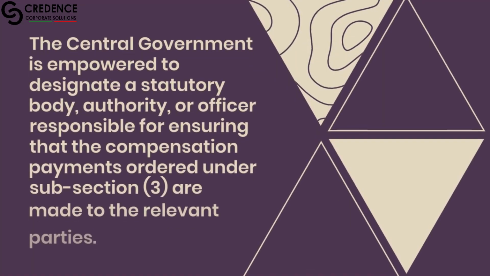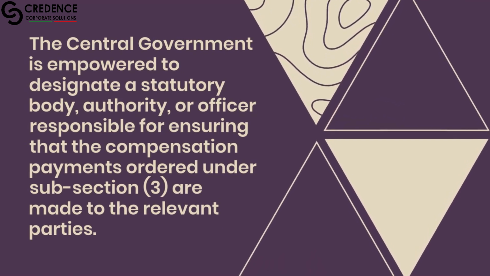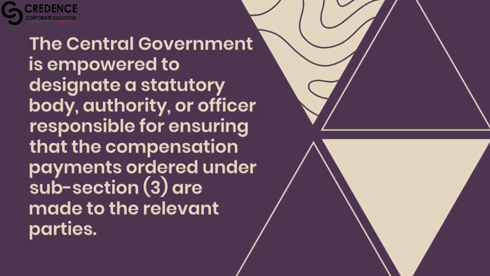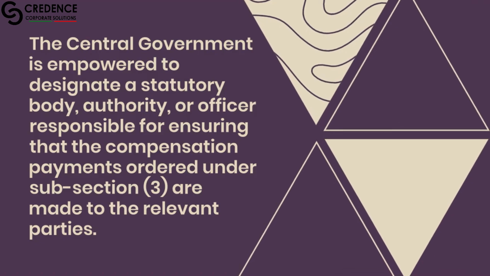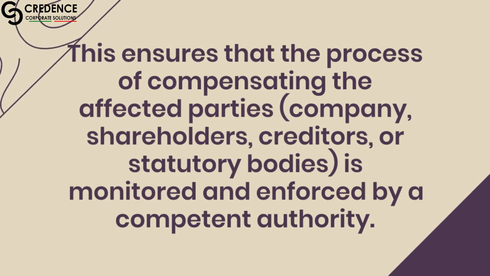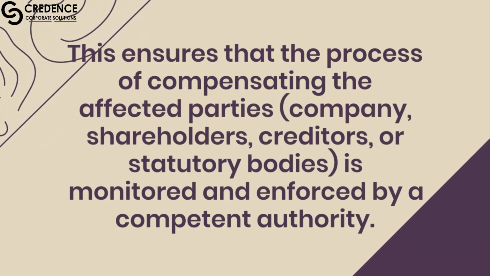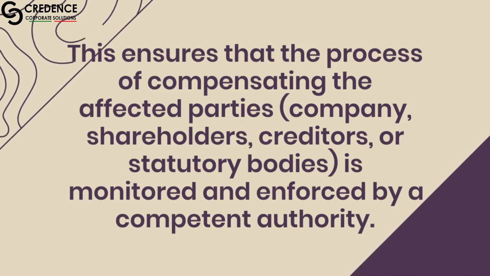The central government is empowered to designate a statutory body, authority, or officer responsible for ensuring that the compensation payments ordered under subsection 3 are made to the relevant parties. This ensures that the process of compensating the affected parties, company, shareholders, creditors, or statutory bodies, is monitored and enforced by a competent authority.